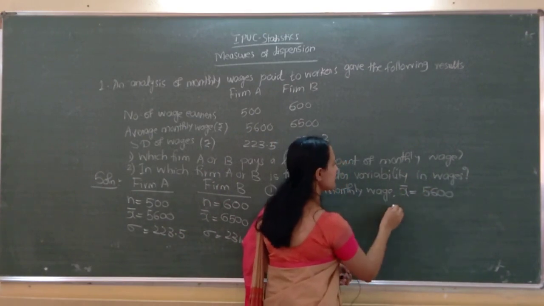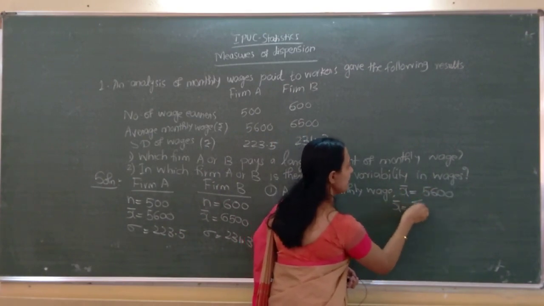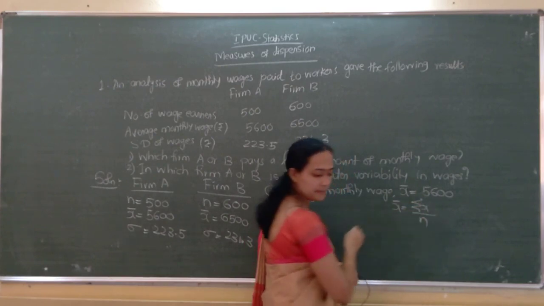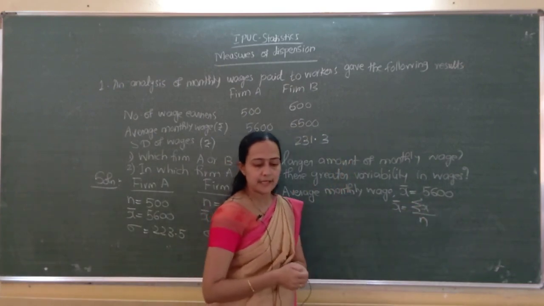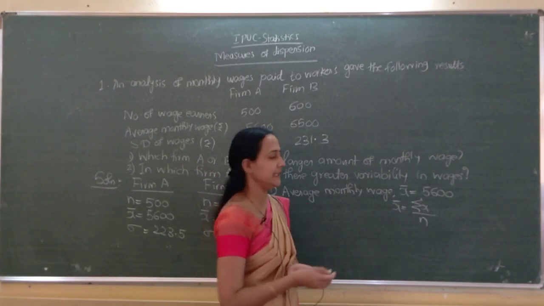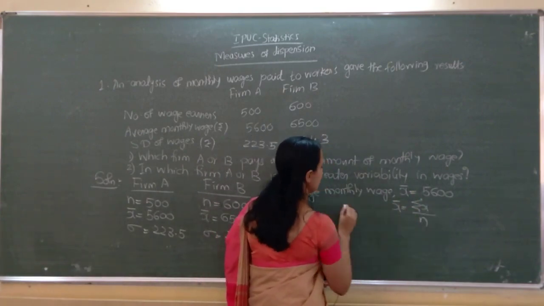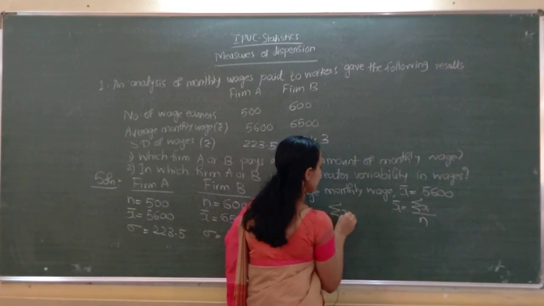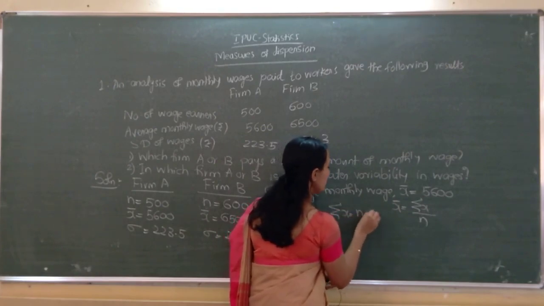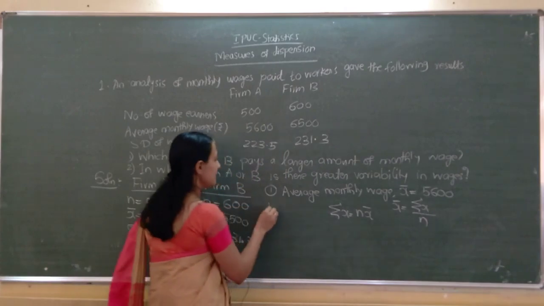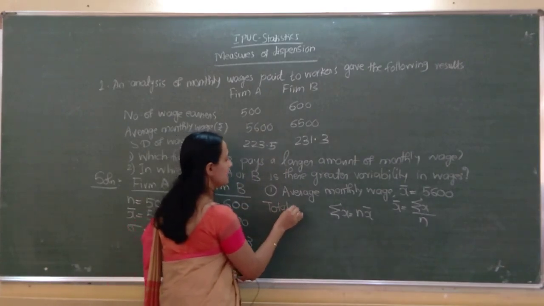5,600. We know that x bar equals sigma x divided by n, isn't it? So we have to compute sigma x. Sigma x equals n into x bar. This is the total monthly wage.